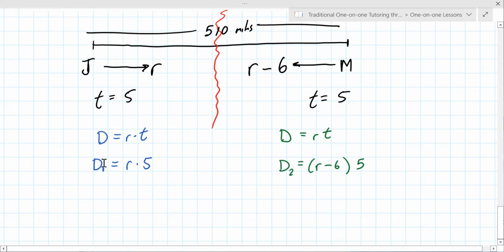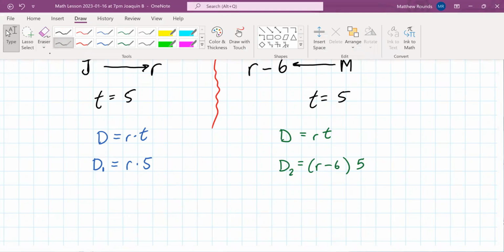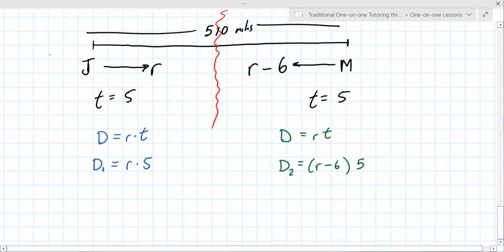So the problem with what you have right here is you have D1, r, and D2, 3 unknowns, 2 equations. That's bad. You have to have the same number of equations as unknowns.